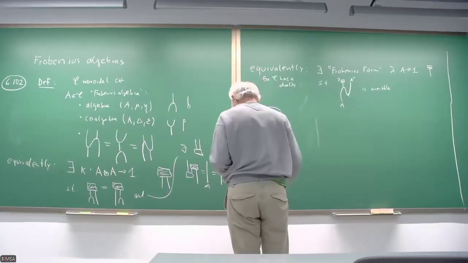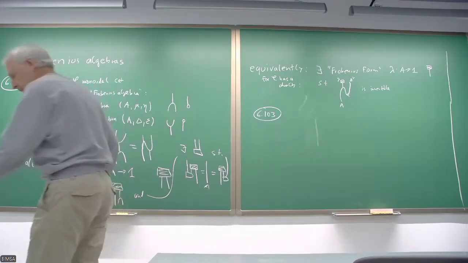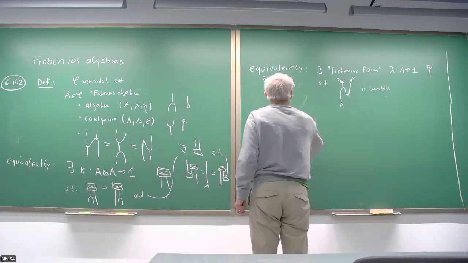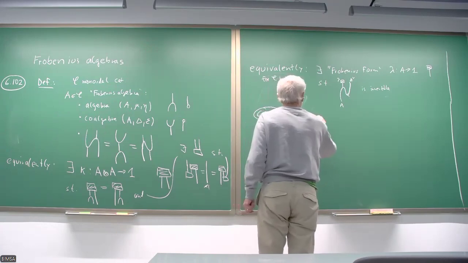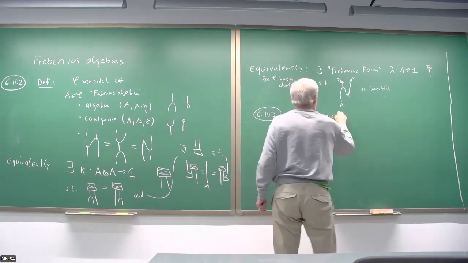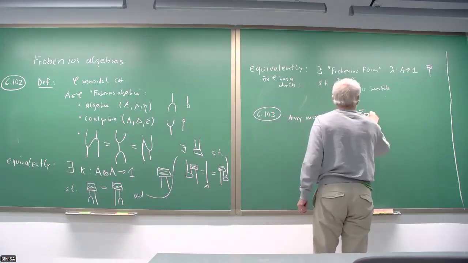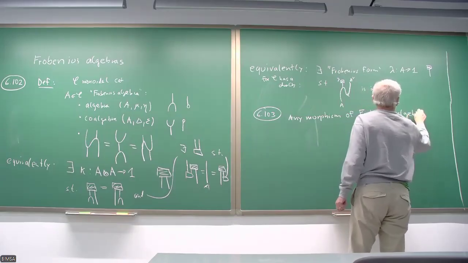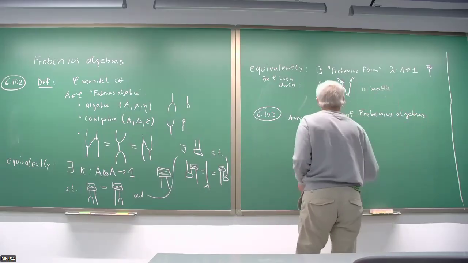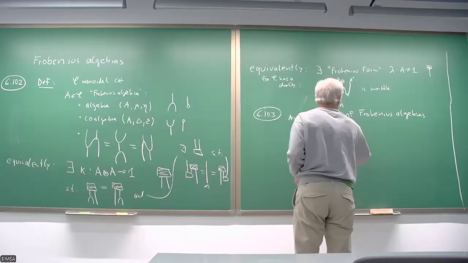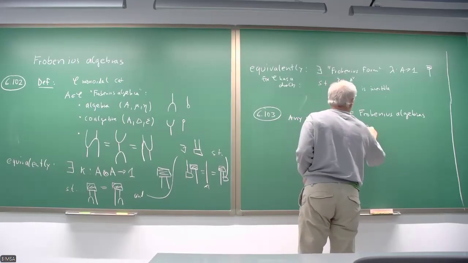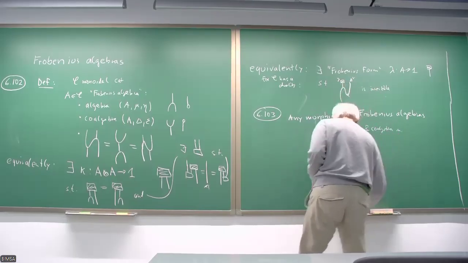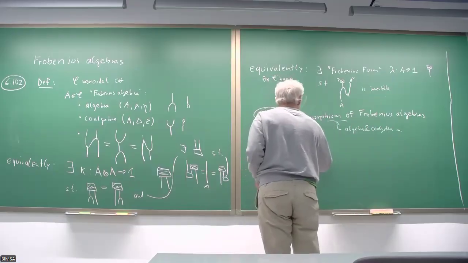One nice property of Frobenius algebras is that any morphism of Frobenius algebras, which simply means that it's an algebra and co-algebra morphism, is in fact an isomorphism.